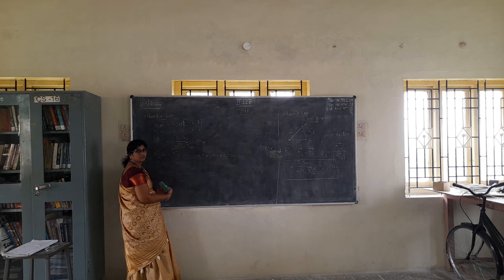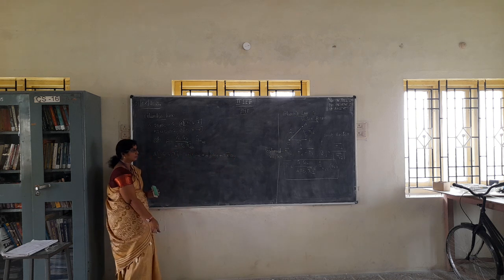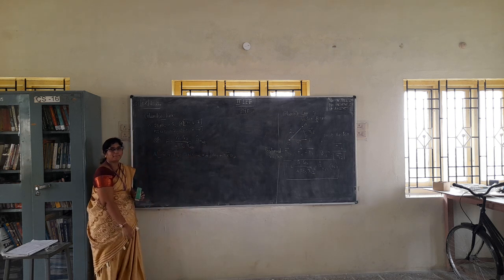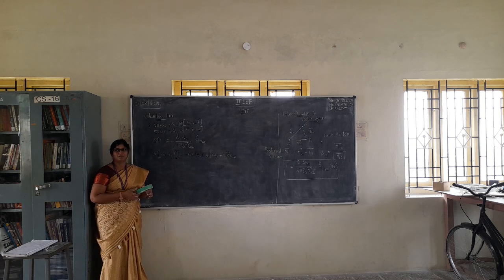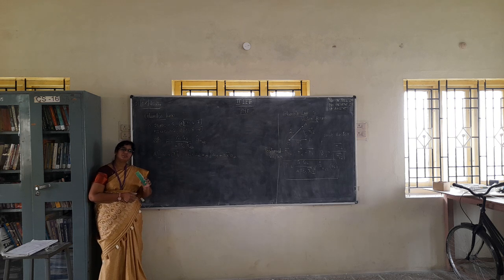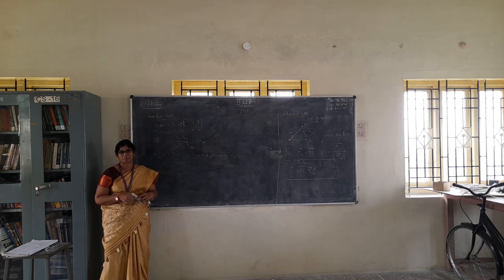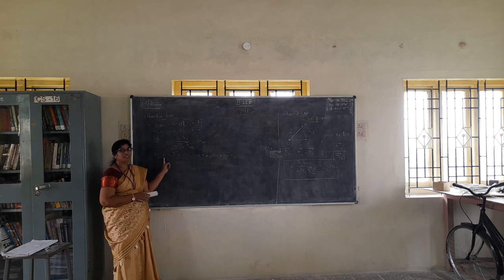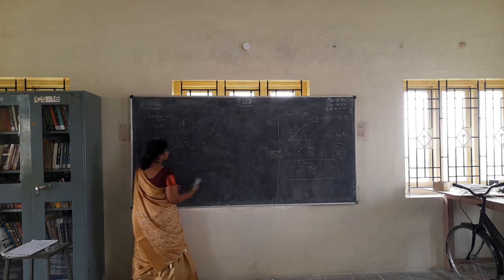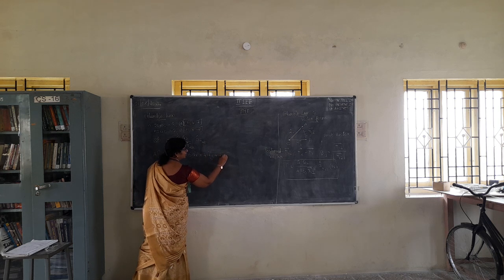For a point in terms of x, y, z, the coefficient of ax is minus 6, so we write minus 6 ax vector plus 4 ay vector plus 7 az vector.